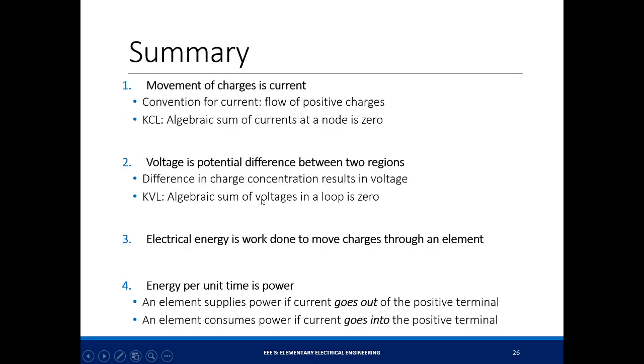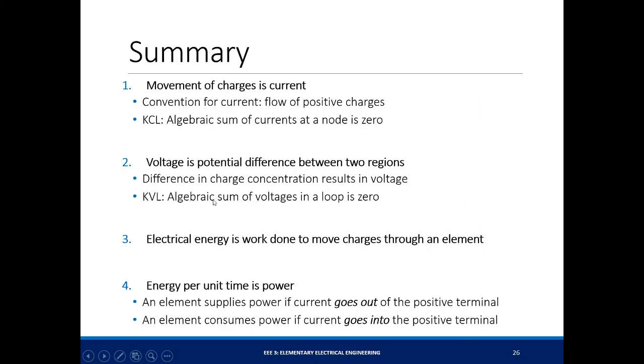Okay, so to summarize, the movement of charges is current. So convention for current: flow of positive charges. At any node, the algebraic sum of currents is zero. Voltage is the potential difference between two regions, and this difference in charge concentration results in the voltage, and the algebraic sum of voltages in a loop is zero.